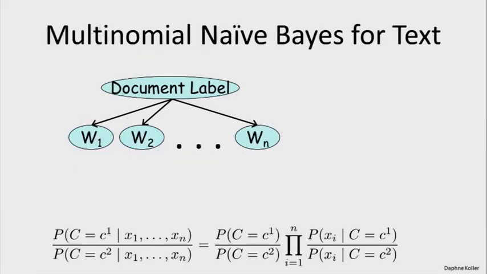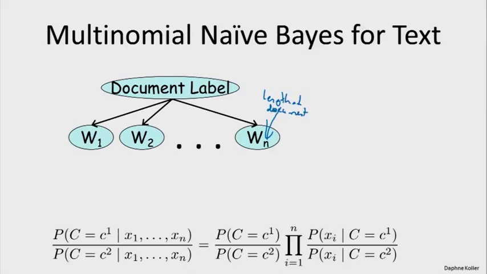A second model for the same problem is what's called the multinomial naive Bayes model for text. In this case, the variables that represent the features are not the words in the dictionary, but rather words in the document. So here n is the length of the document. If you have a document that has 737 words, you're going to have 737 random variables.